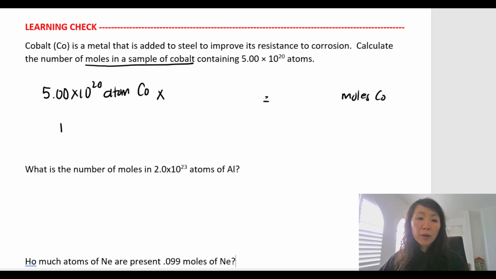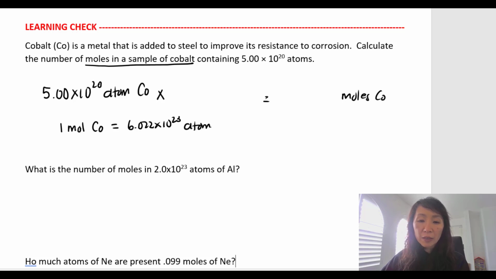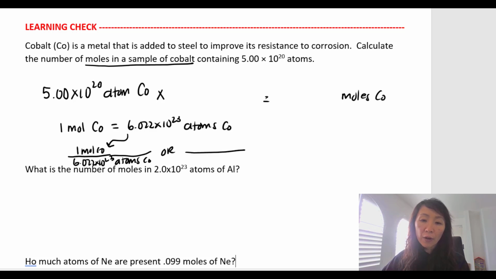Remember, 1 mole of anything, and right now we're talking about cobalt, is equal to 6.022 times 10 to the 23 atoms of cobalt. That means the two fraction forms or conversion factors could arise from here. One could be where you have 1 mole on top and Avogadro's number on the bottom, or you could have 1 mole on the bottom and Avogadro's number on top.